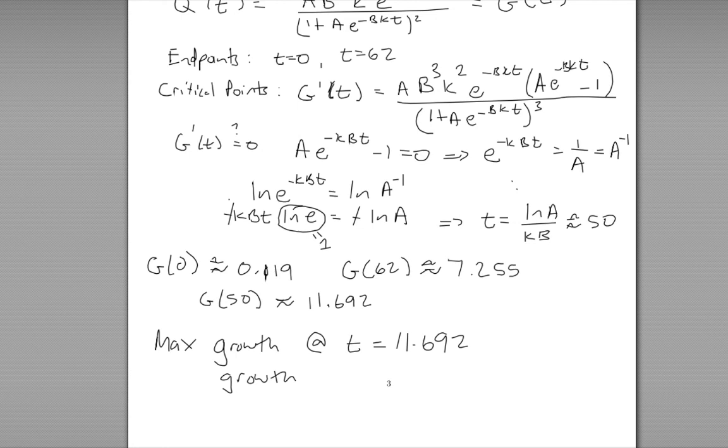Let me see if I can erase that. This wasn't the time that this happened. The time was actually the 50th month is when this maximum happened. So let me just fix that.